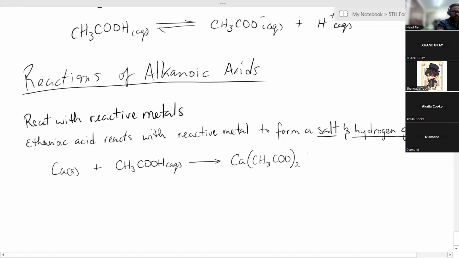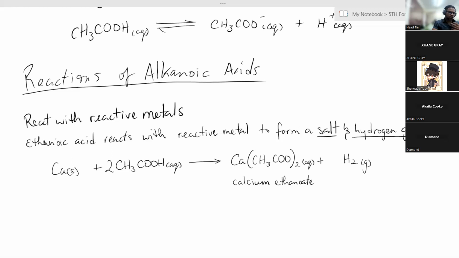Let's call that calcium ethanoate plus hydrogen gas, H2. This is going to be aqueous. If we have to balance the equation, we'll put a 2 here, and the equation will be balanced.